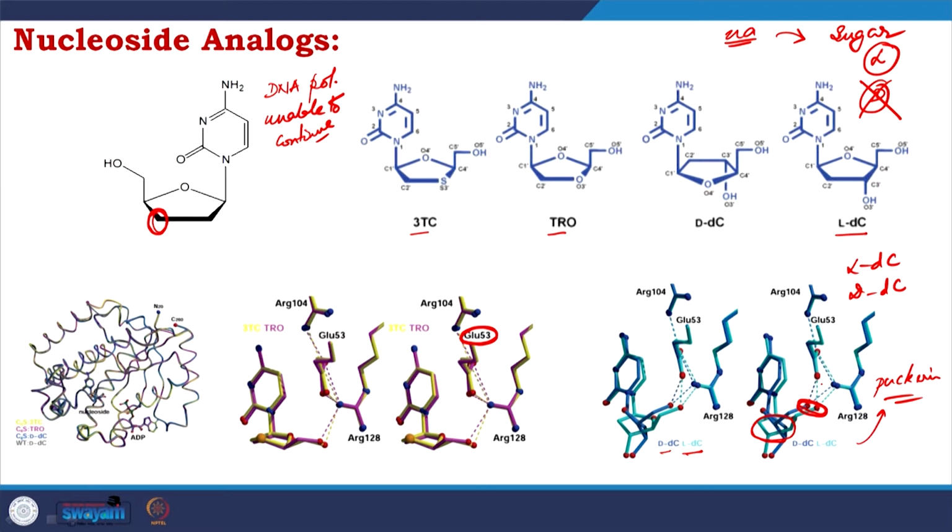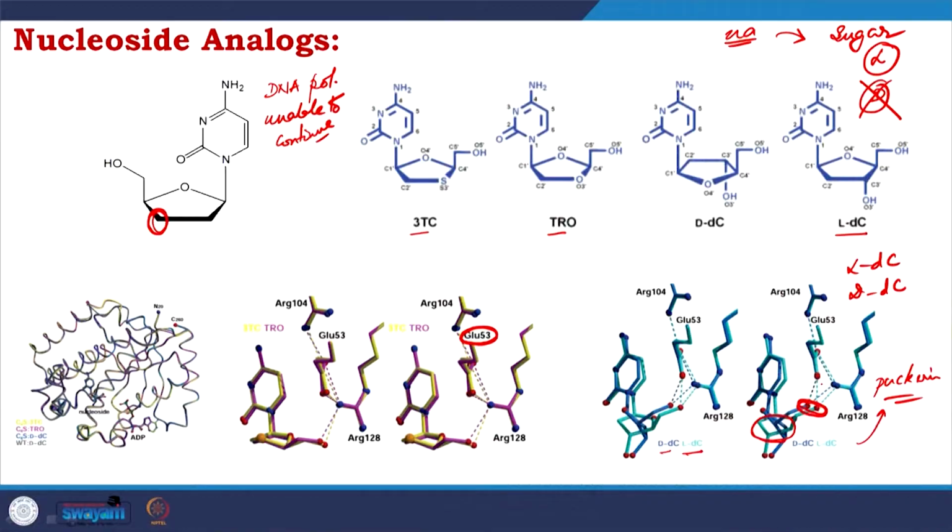So, if you do not understand, I repeat, all those D and L nucleoside analogues have to be phosphorylated by this enzyme, which is called DCK, deoxycytidine kinase. Here you will realize that GLU 53 is near to this hydroxyl group, which could be phosphorylated by this enzyme.